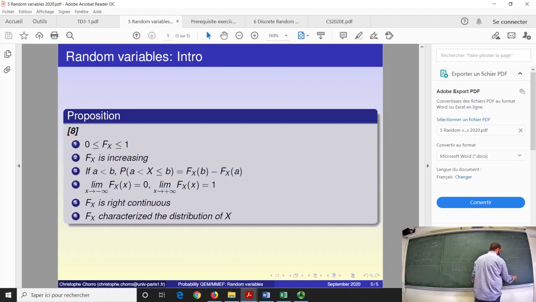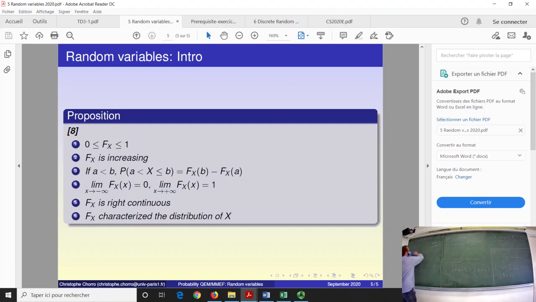I have this one. Just say that if I am less than b, two possibilities: I am here or I am here. I am less than a in the large sense, or I am less than b and strictly greater than a. Okay, basic relation.